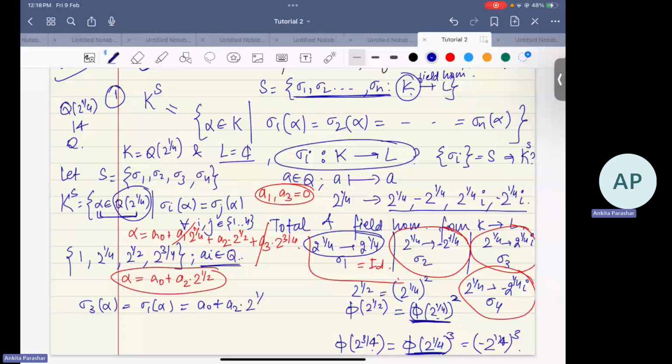Then only it will be kept constant by sigma 1, sigma 2, sigma 3. But for that, it is just left with A0, where A0 is in Q, therefore it is just Q. Right? Therefore, I will just write this is Q. And if a subset gives me the prime field to be fixed, then set S4 will also give me Q, that you can see yourself. That's a simple fact.